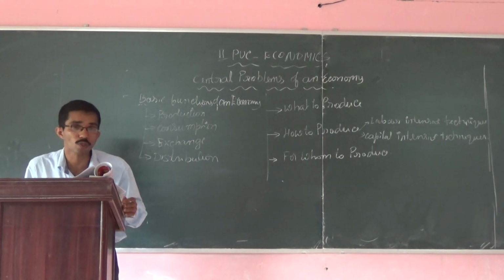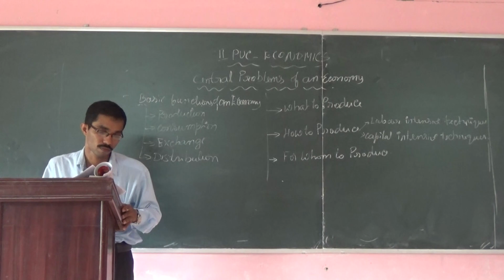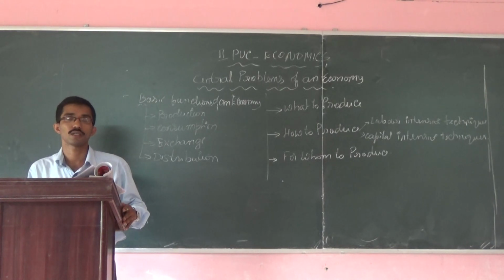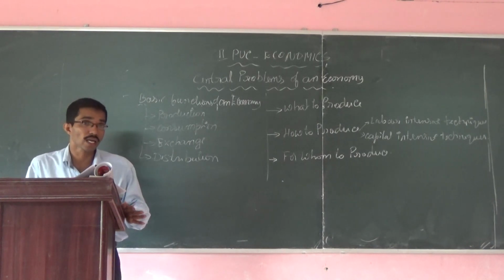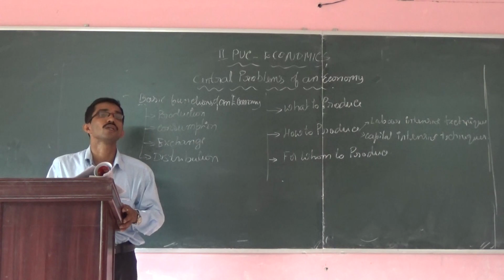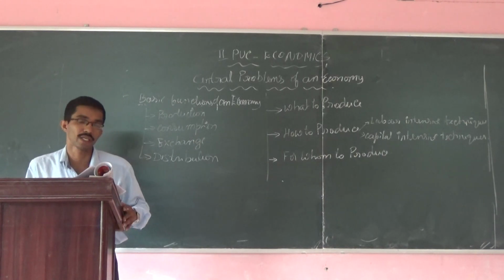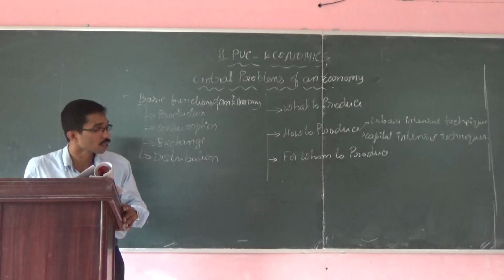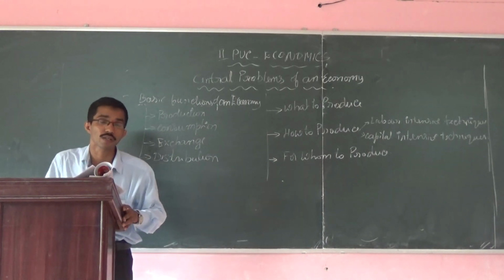And what are the problems of an economy? Why do problems arise in an economy? Wants are unlimited. Resources are limited. One more concept in this syllabus is choice and scarcity.